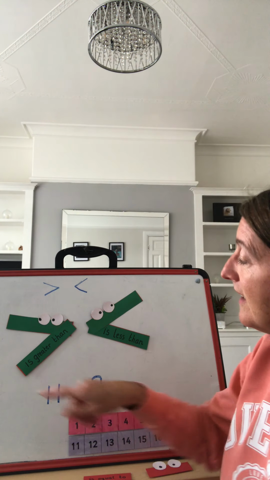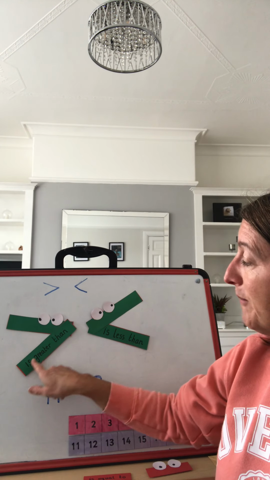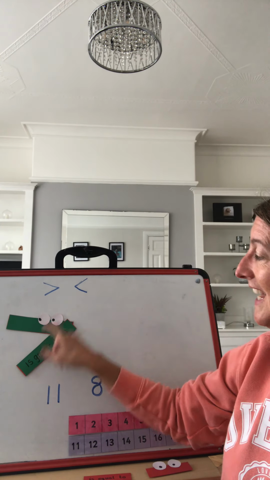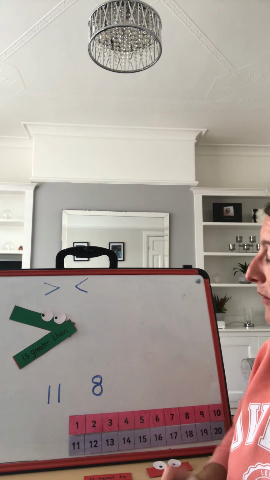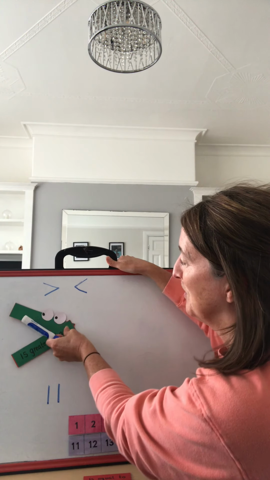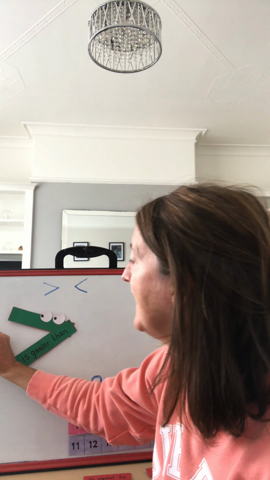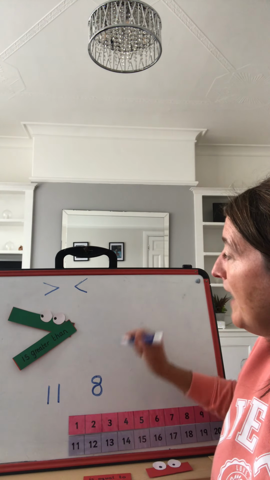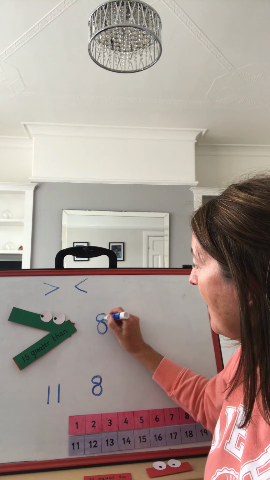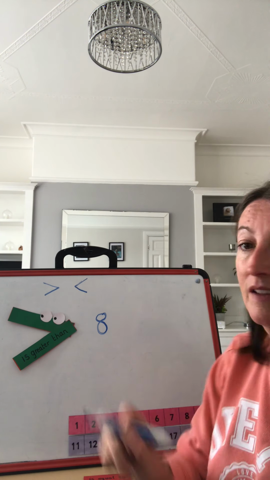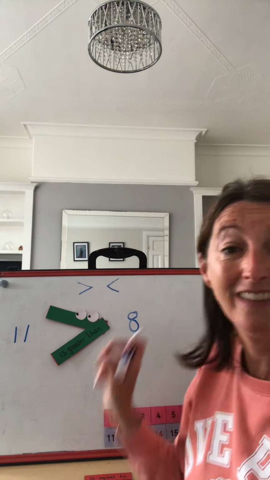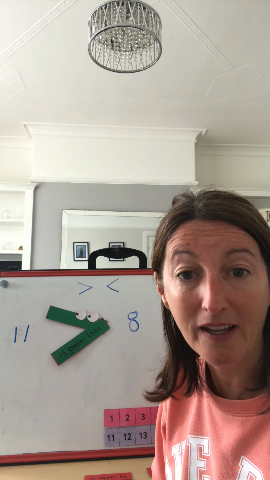So if I was writing these numbers in, using is greater than, I would write 11 is greater than 8. All it means is 11 is bigger than 8. That's all. Greater than just means bigger.